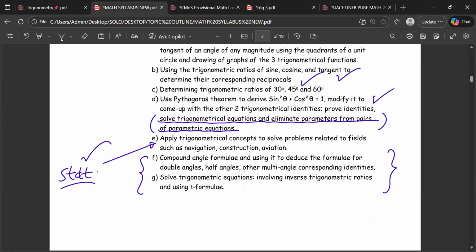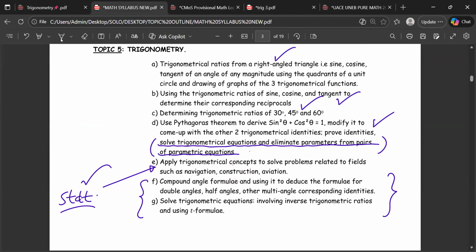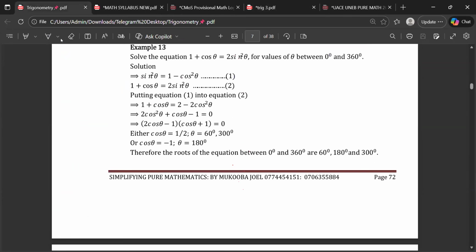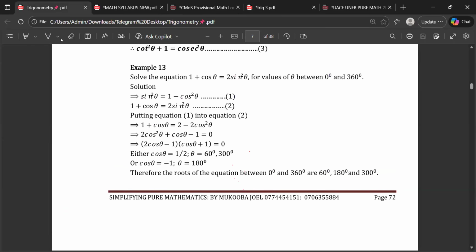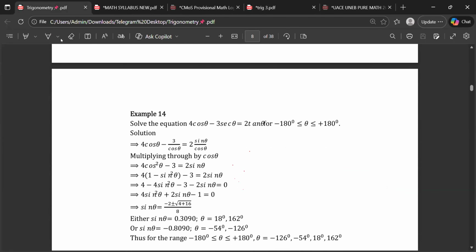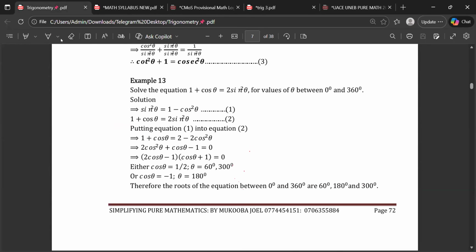So the math syllabus, no, I'm looking for this, I think. So let me show you. We now have some numbers we are supposed to try out. So many. But I just want to show you.